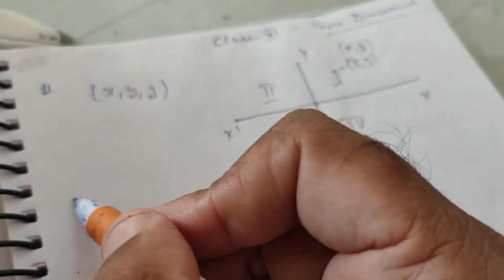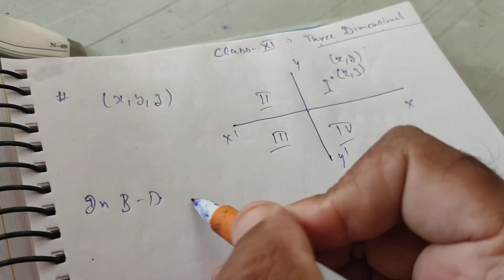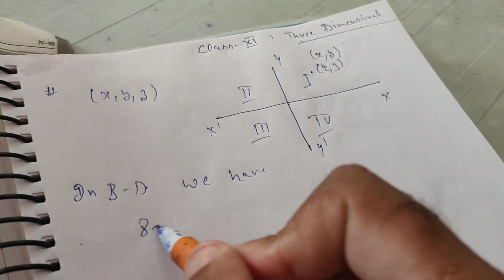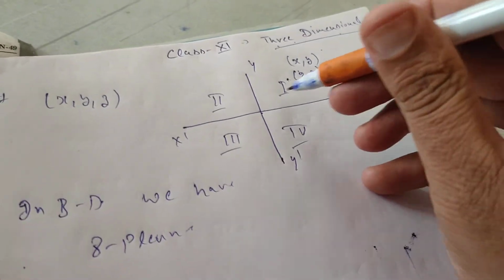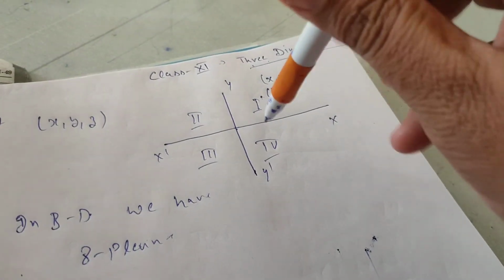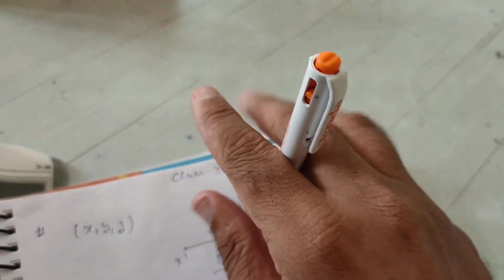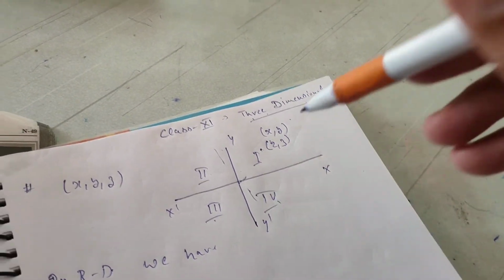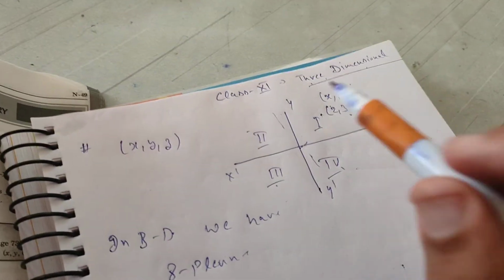But in three dimensions we have 8 octants. 4 are above and 4 are below. When there is an axis like this and two axes are this, then 1, 2, 3, 4 and 4 below, 5, 6, 7, 8. There are 8 octants.